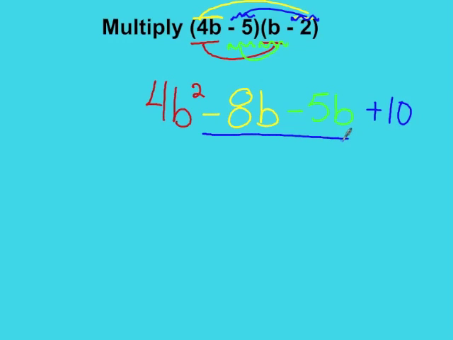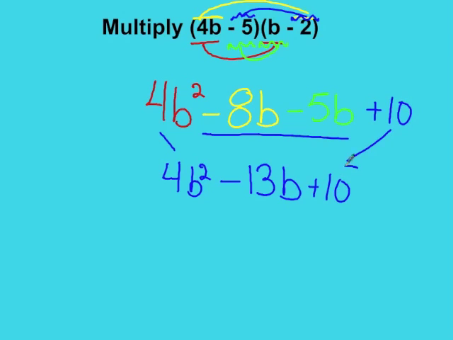Combine my like terms. -8b minus 5b would be -13b. Nothing to do with the 4b squared. Nothing to do with the constant. Bring those down. And we're left with 4b squared minus 13b plus 10. And that's another example of the FOIL method.